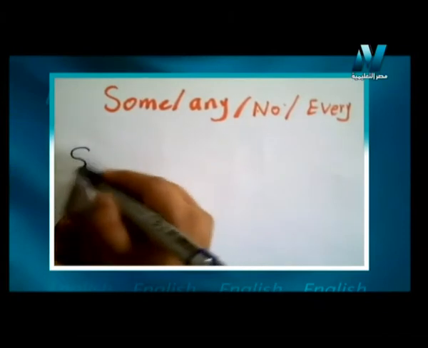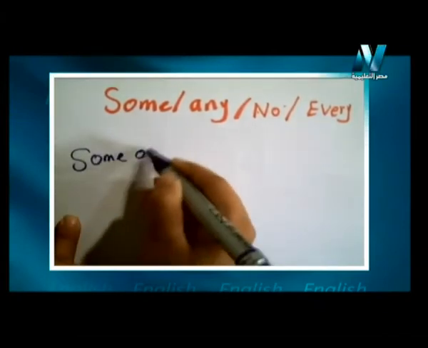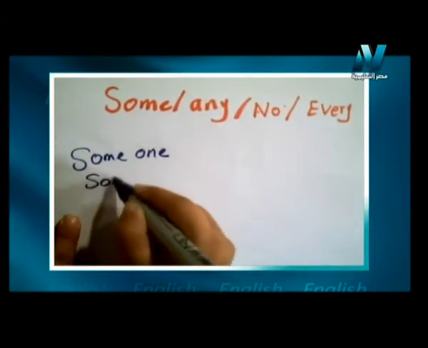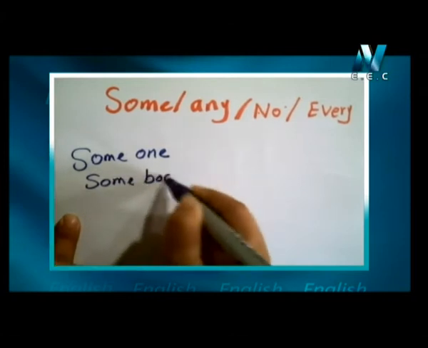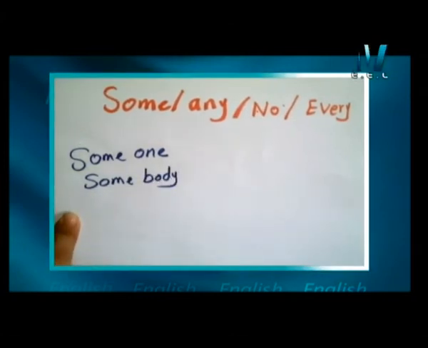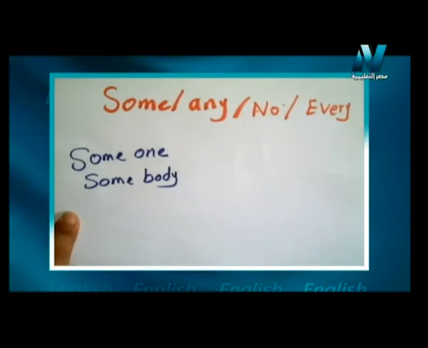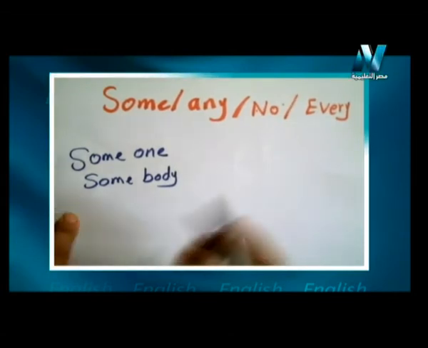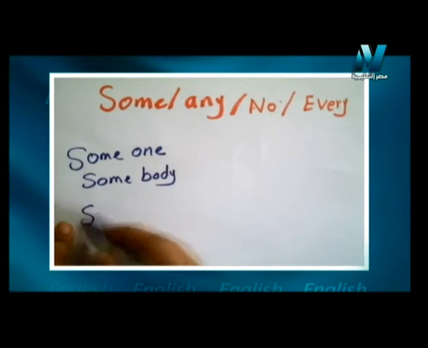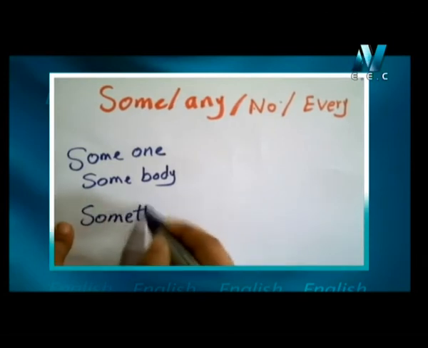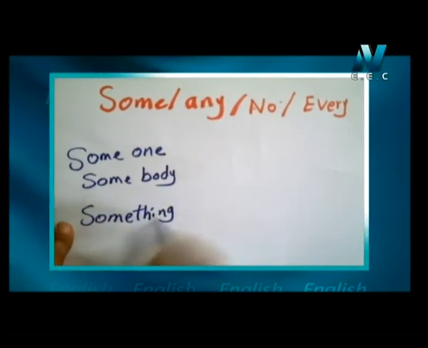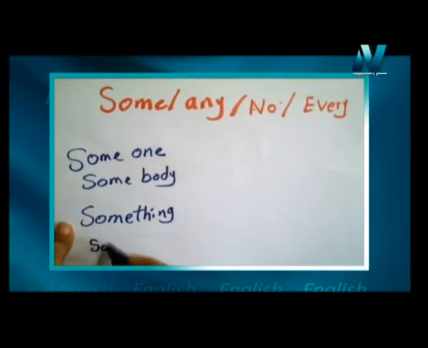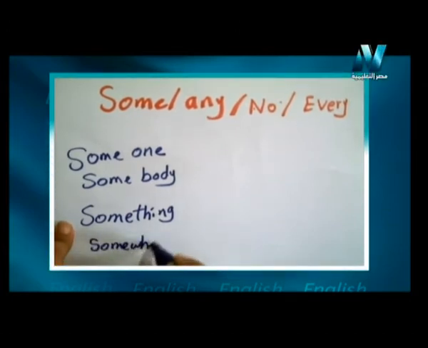When I'm speaking about people, I can say someone or somebody. This is for people. When I'm using them for things, I'm going to say something. And for places, I'm going to say somewhere.